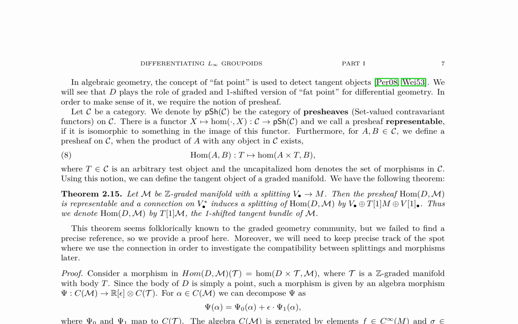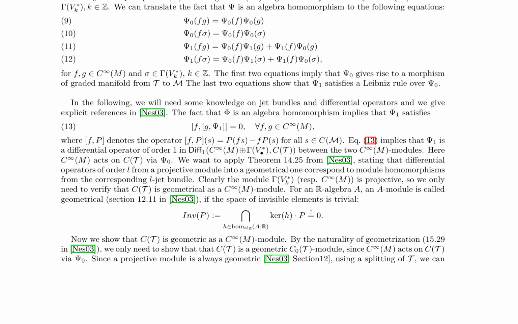A morphism in Hom(D, M) corresponds to an algebra morphism ψ, which can be decomposed into two parts. The equations imply that one part gives rise to a morphism of graded manifolds from T to M, while the other satisfies a Leibniz rule and is a differential operator of order 1.